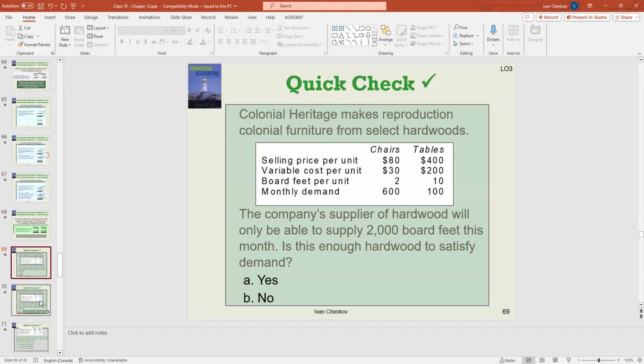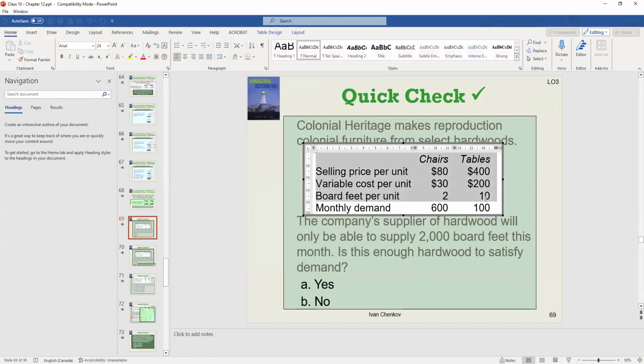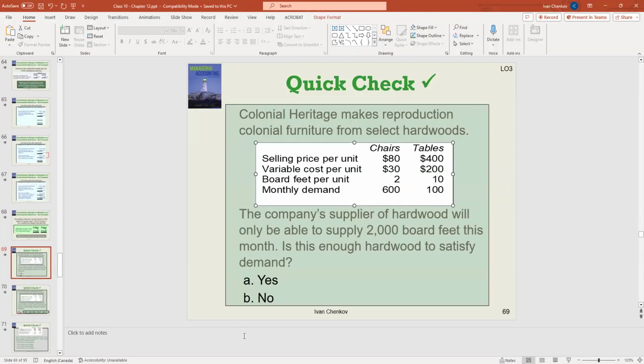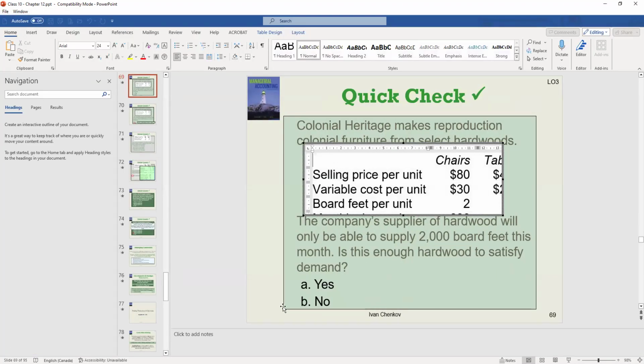Now let's see this question here. I'm not sure if it might be able to convert to Excel. Yeah, I have it in Excel. Perfect. Let's do this question together again. Give me a second to set up the Excel spreadsheet so we can start working on this.